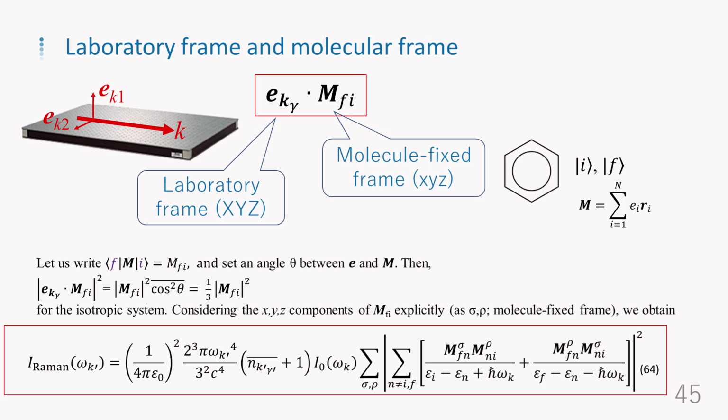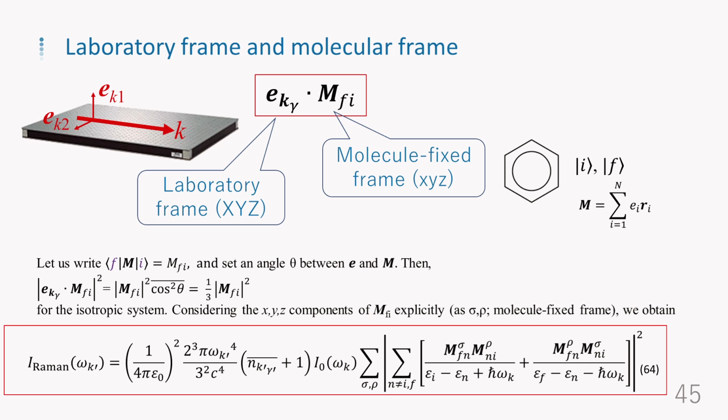I cannot explain in this figure, but anyway, by considering some three angles, it's possible to make it identical. But anyway, here is the propagation direction of light, and the electric field E, or unit vector k gamma, let's introduce in the laboratory frame.